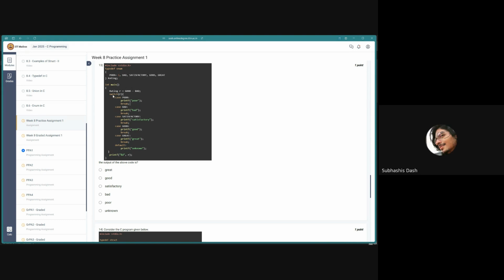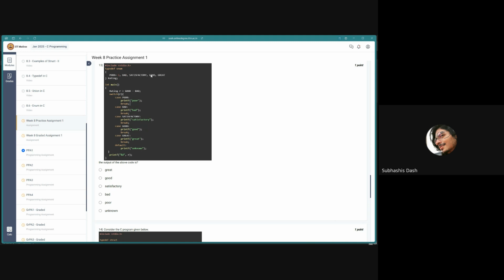So if we convert 2 into an enum, what do we get? Grade. Are you sure? Yes, Bhaiya, because it starts from -2, then it gets -1, 0, 1, and 2. Okay, and what is the answer telling? Because I think satisfactory may be the correct answer.